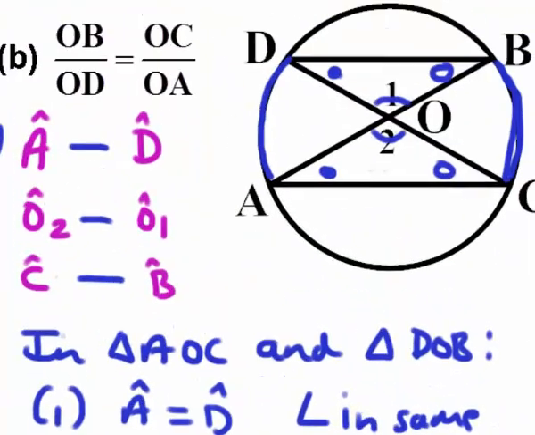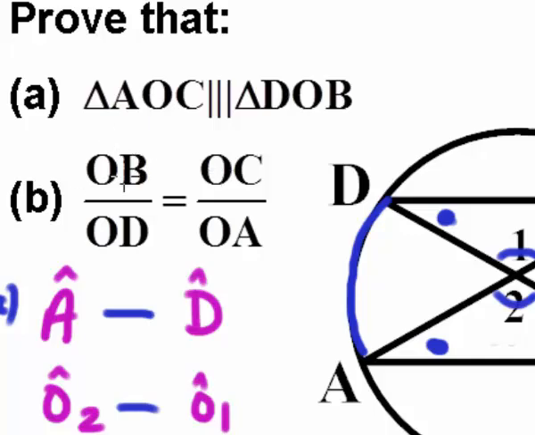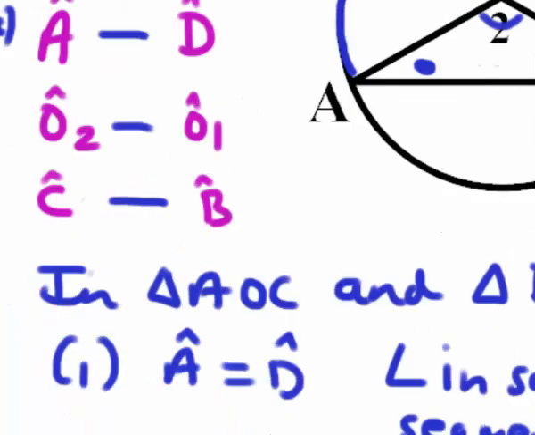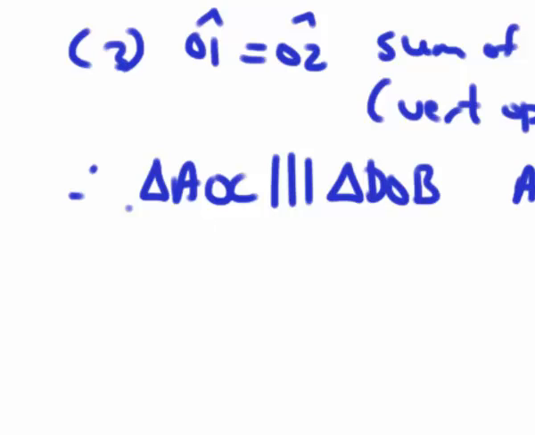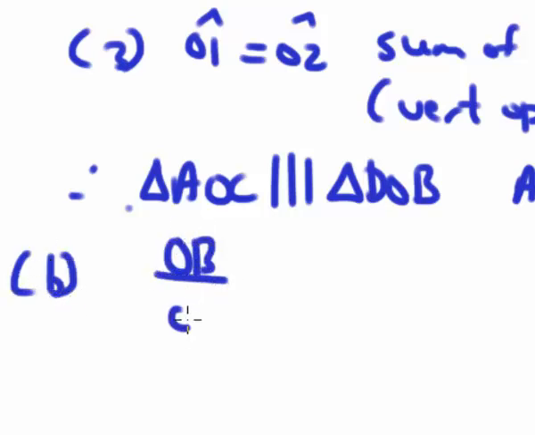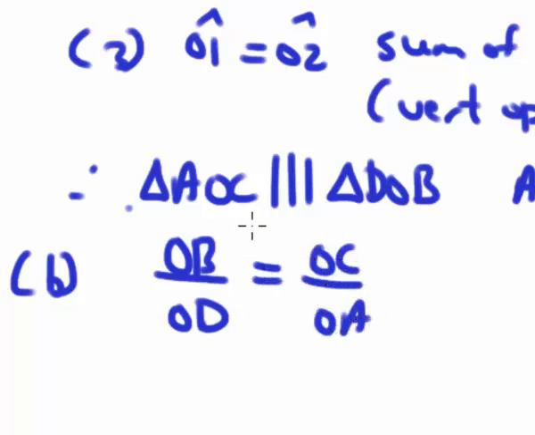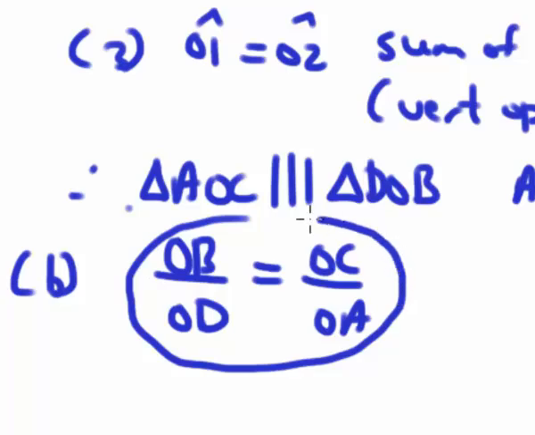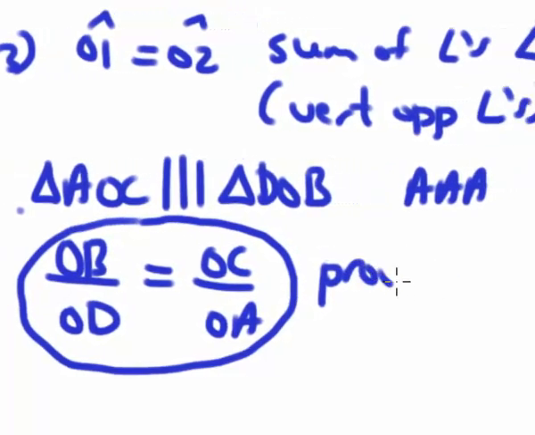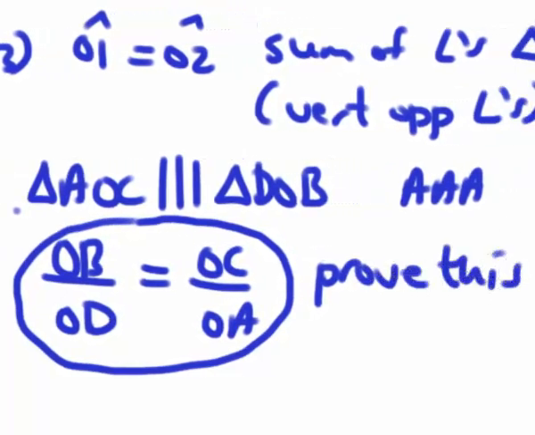Okay, so now the last piece is how do we prove that OB over OD? Let's write it down. So in part B, you want to prove that OB over OD is equal to OC over OA. That's what is required to prove. Okay, now how do we go about it?